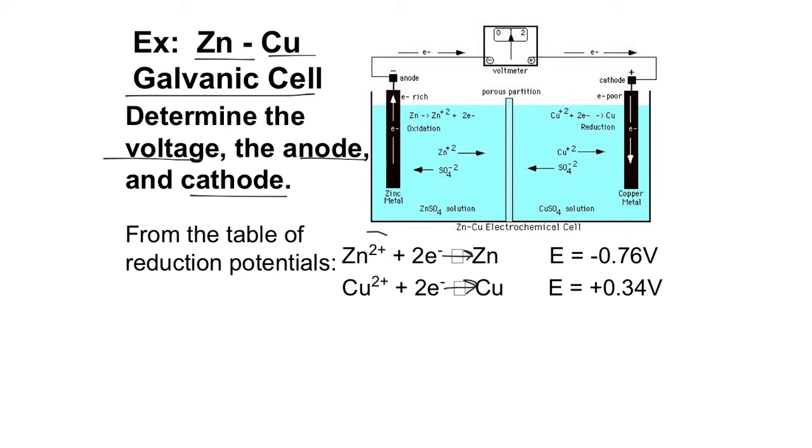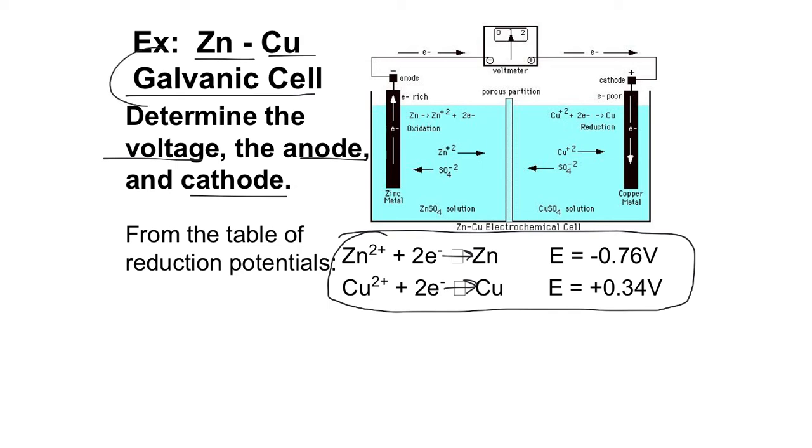So we would look up our 2 half reactions, which I already have written here. So these would be off of the table. Now again, they come off of the table as reduction. Should you flip in order to end up with a positive overall voltage, or the most positive? There are 2 ways to do that.